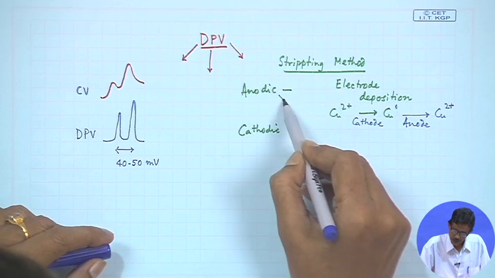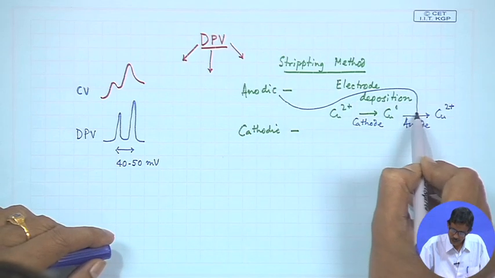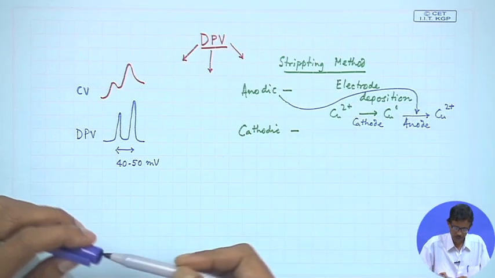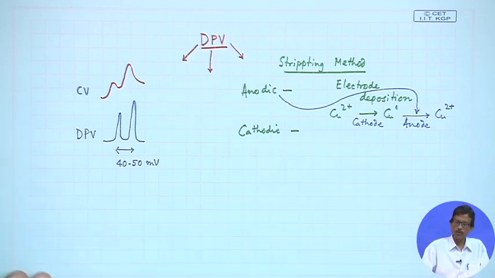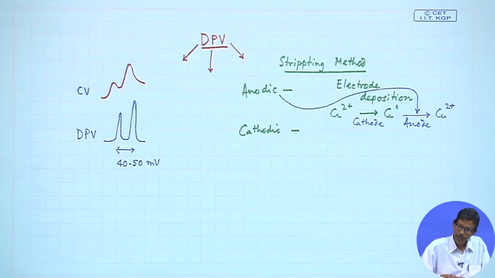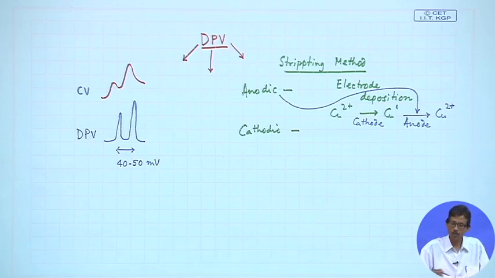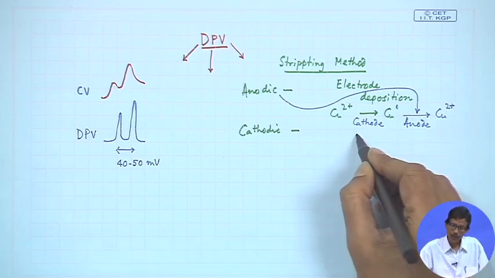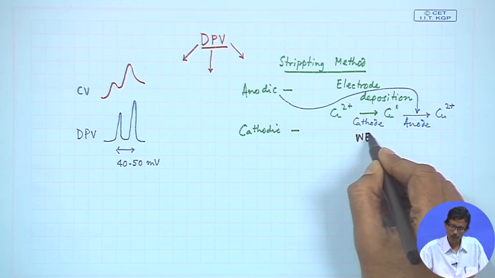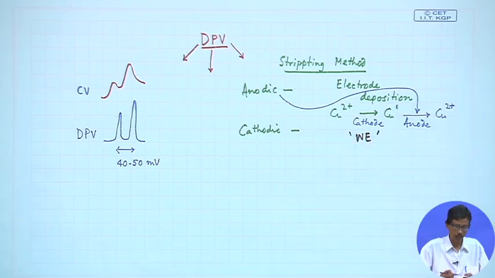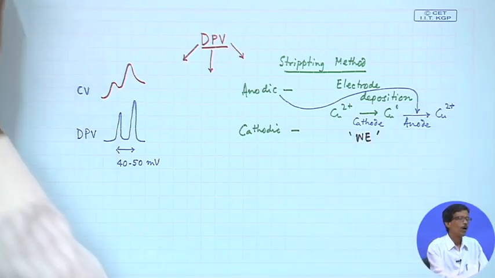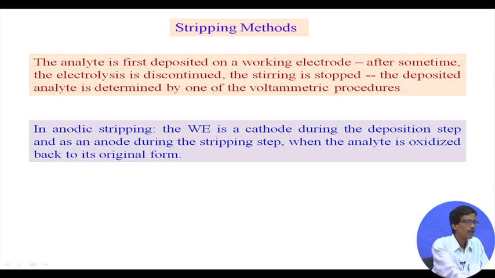When it is removed like this, it is anodic stripping. We should be careful: forget about the reference electrode, but you have the working electrode and the counter electrode. The working electrode is the electrode on which all these things are happening.